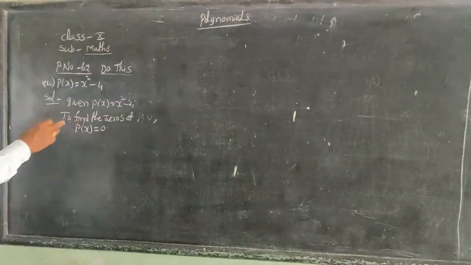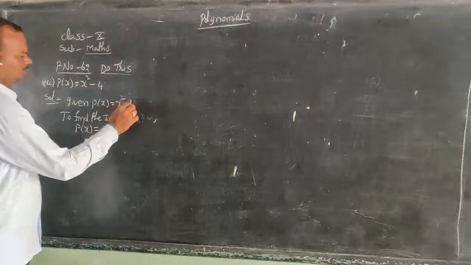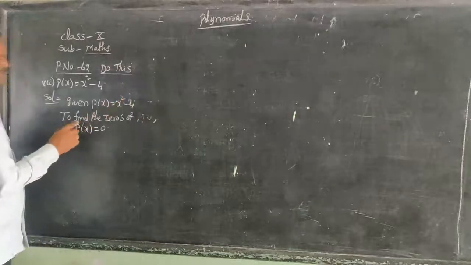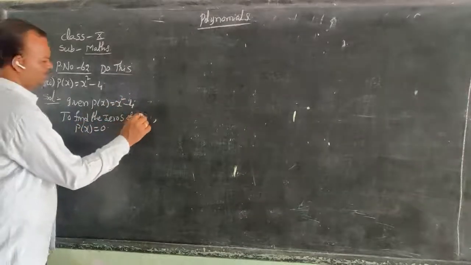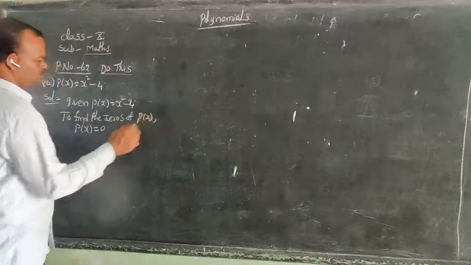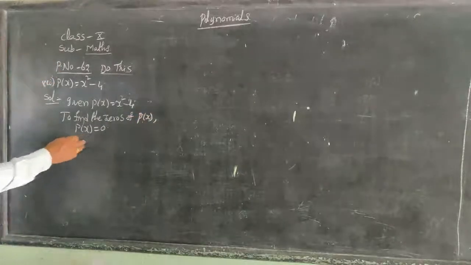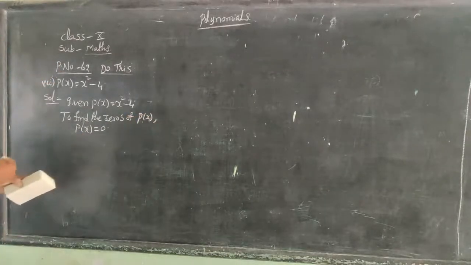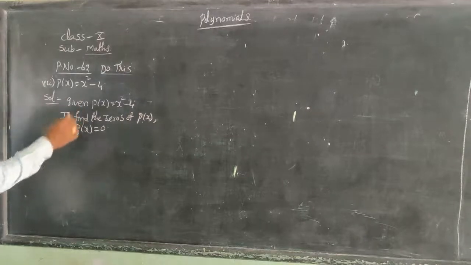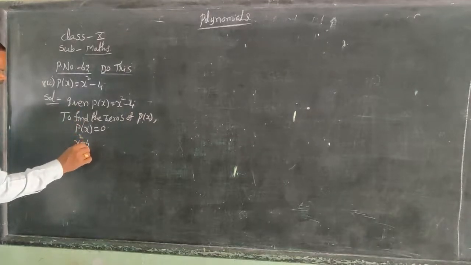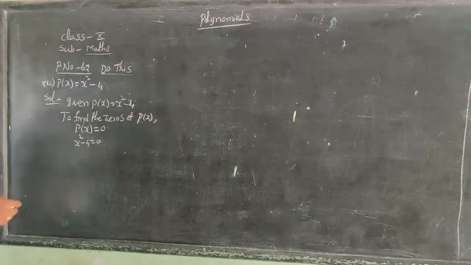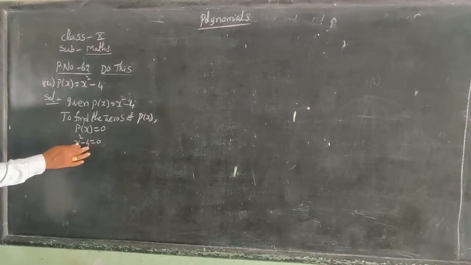The solution: given p of x is equal to x square minus 4. To find the zeros of p of x, p of x is equal to 0. P of x means x square minus 4 is equal to 0. Here 4 can be written as 2 square.